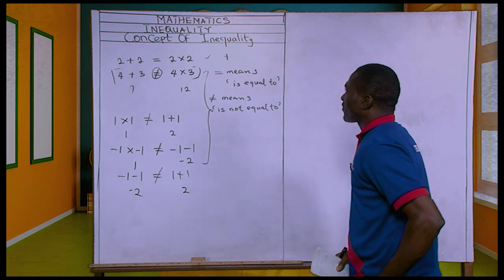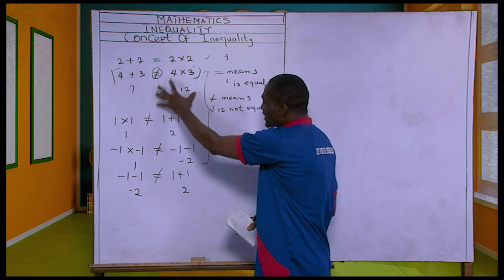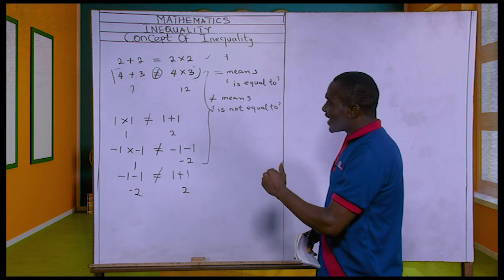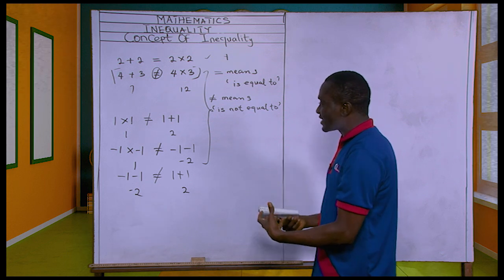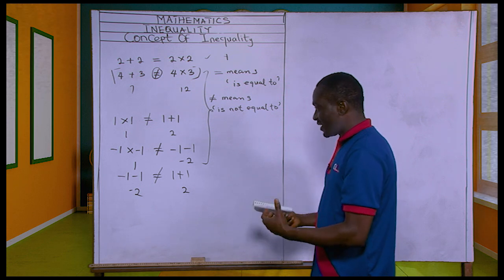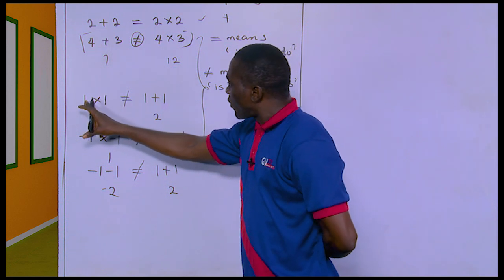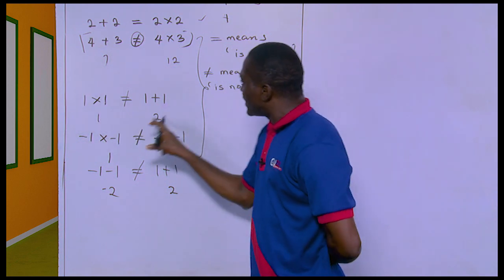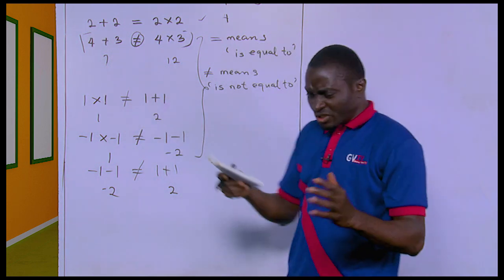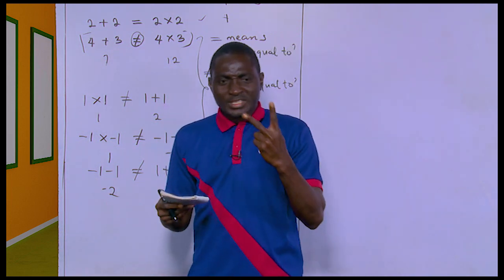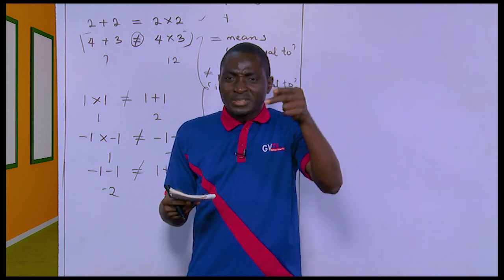Now, where are we going? From all this explanation, what I want to deduce is the same concept, the idea of inequalities, and how we apply them. Now, if we say this side is not equal to this, that information is not enough.